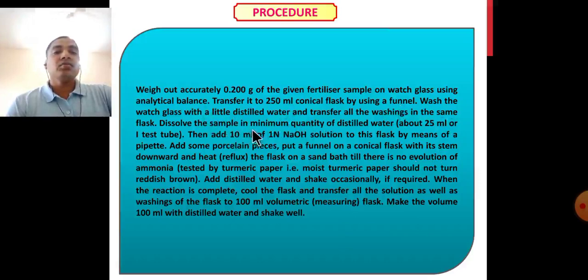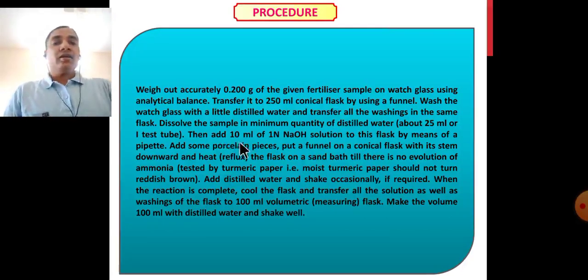Dissolve it in a minimum quantity of distilled water, about 25 ml or 1 test tube of distilled water. Then add 10 ml of 1 normal NaOH solution to the flask by means of a pipette.